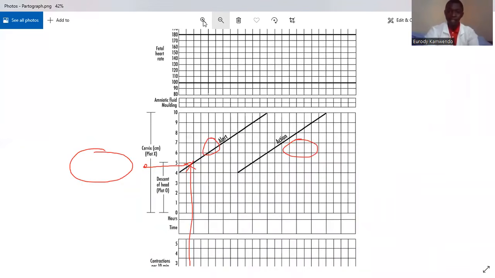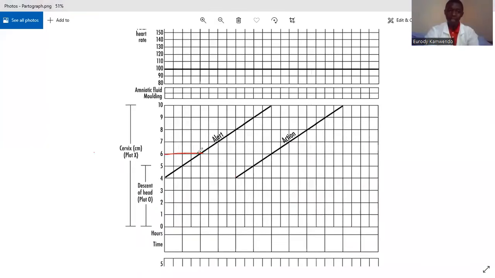So in this particular case, let me just remove these lines. Okay, so in this particular case, what we said was the woman comes in and the cervix is 6 centimeters dilated, meaning you plot there, and then you need to follow this line here. So if the client was brought in at 13 hours, you're going to put here 13 hours, and this becomes your hour 1 since the client was brought in.